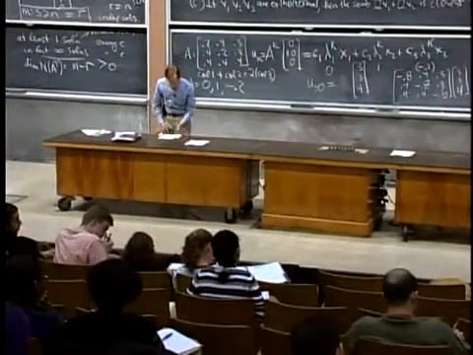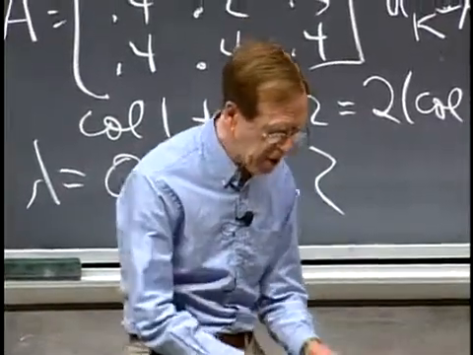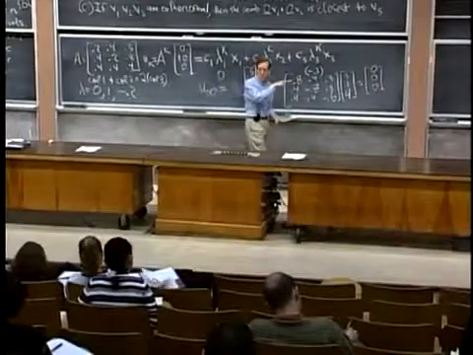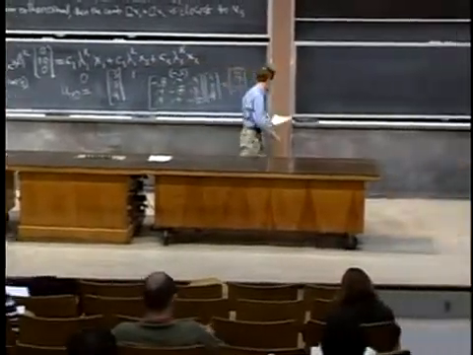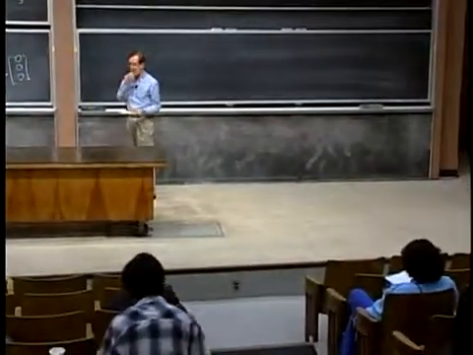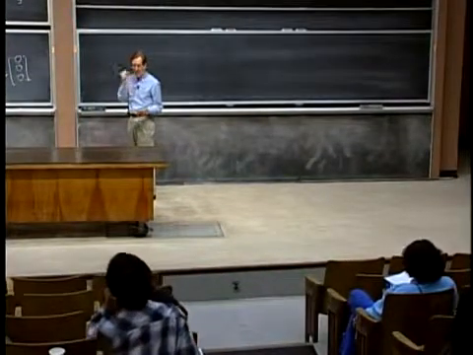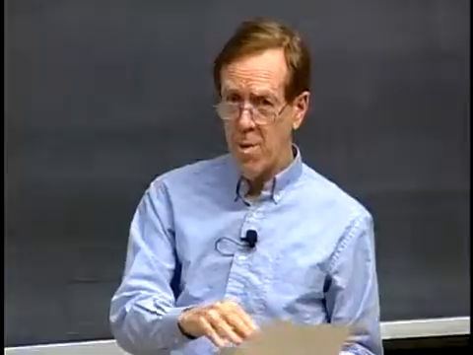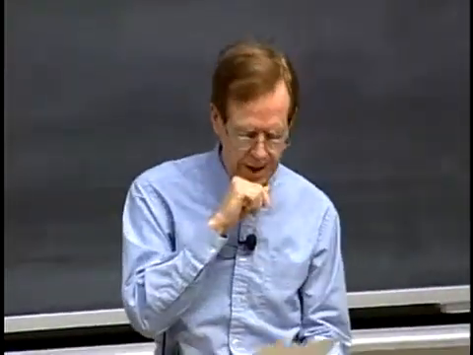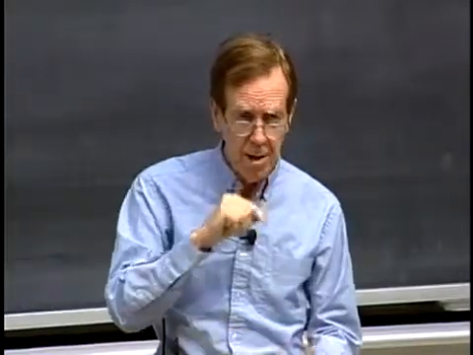Let's see. Okay, here's some quick, short questions. Maybe I'll move over to this board and leave that for the moment. I'm looking for 2 by 2 matrices. And I'll read out the property I want, and you give me an example, or tell me there isn't such a matrix. All right, here we go.